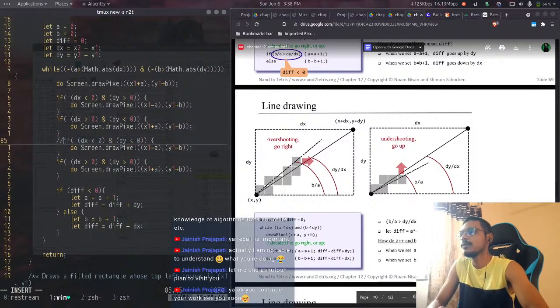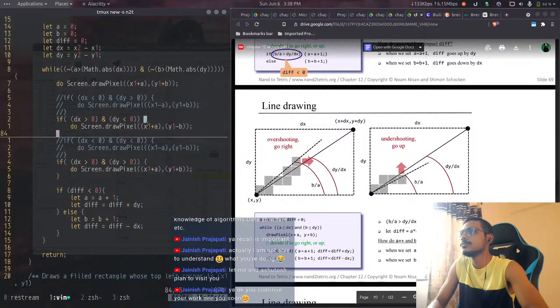We comment out this as well as this. Let's focus on these two cases where either dy is negative or positive and dx is always positive.